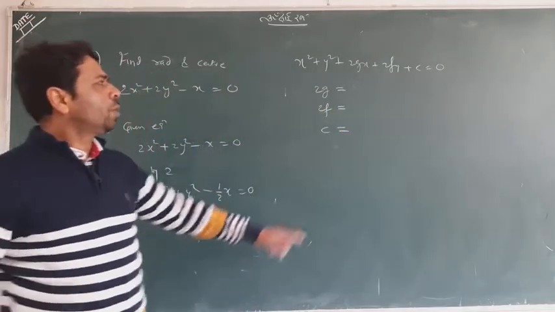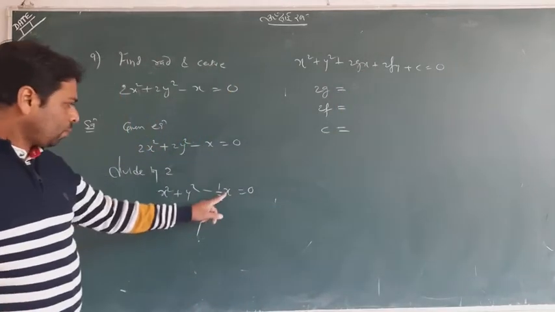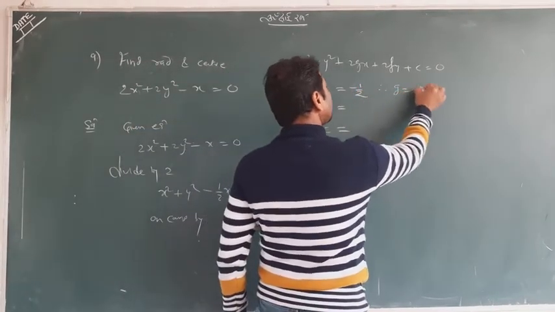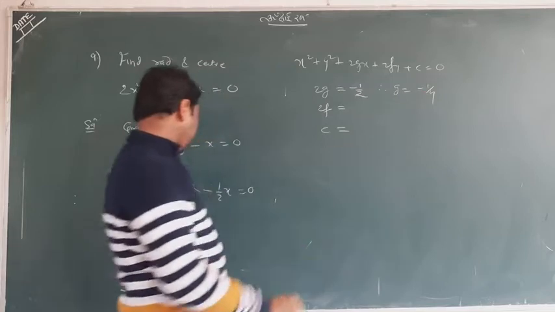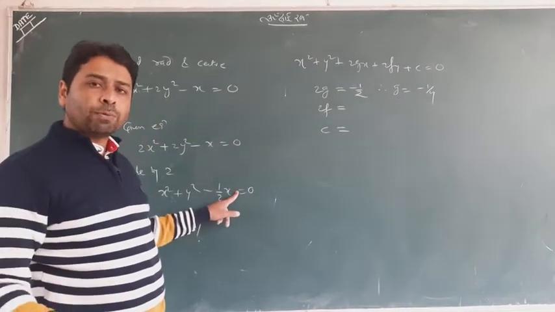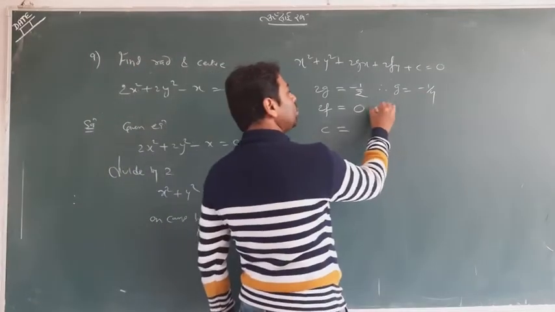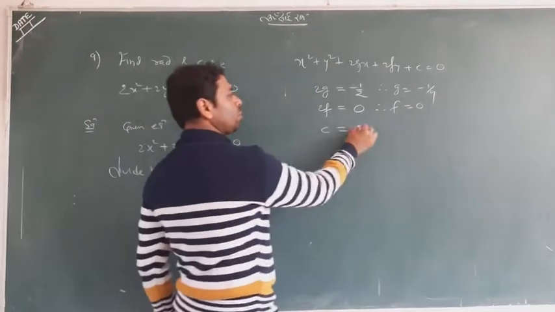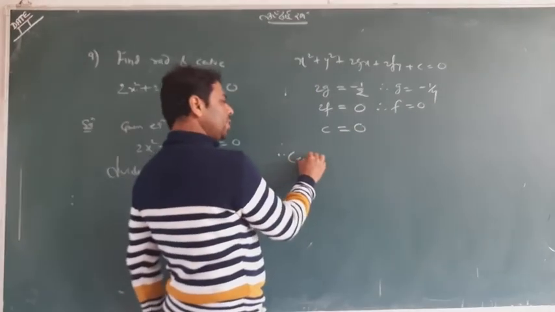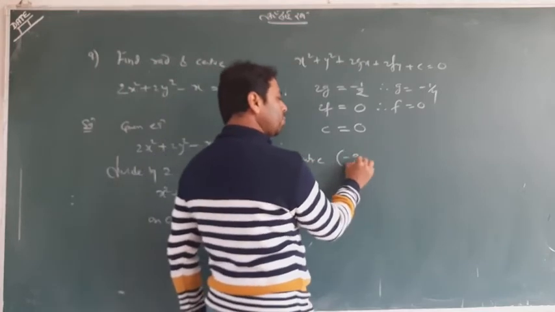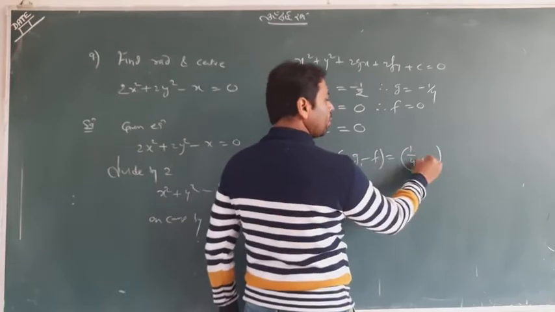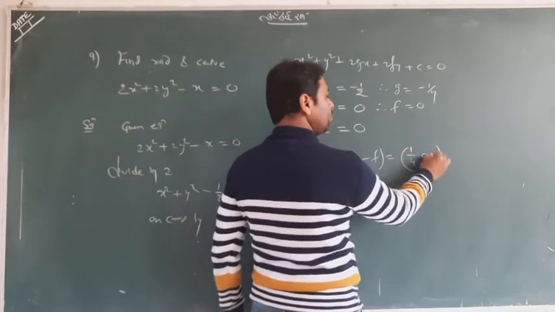What is 2g? Along with x, we have minus 1 by 4. So what is g? Minus 1 by 4. For 2f, the y term is not here, so 2f will be 0, so f will be 0. The constant is not here, so c is also 0. So what are the center and radius? The center is minus g and minus f, so minus g meaning 1 by 4 and f meaning 0.